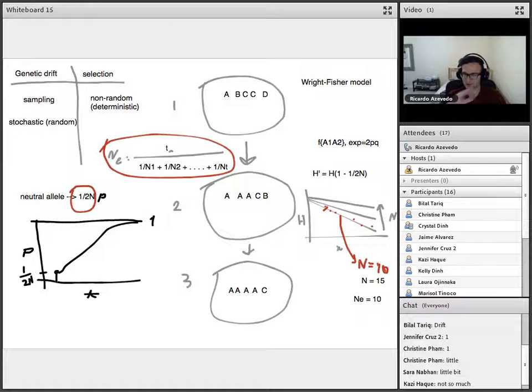So again, given the effect of drift on heterozygosity, which results in its decline, why do we have heterozygosity in populations? Just type in your answer. Anyone? Why do we have heterozygosity, given drift is doing what it's doing?